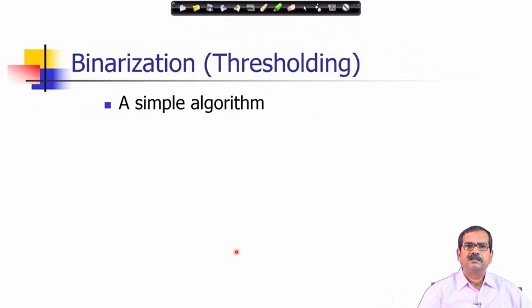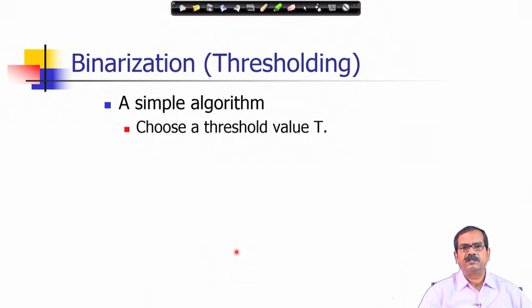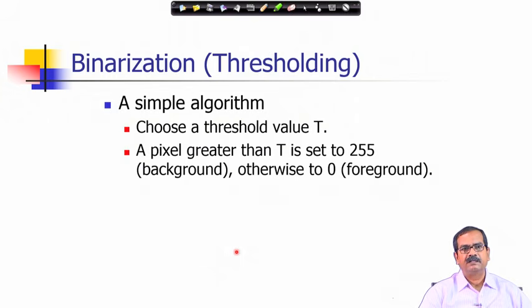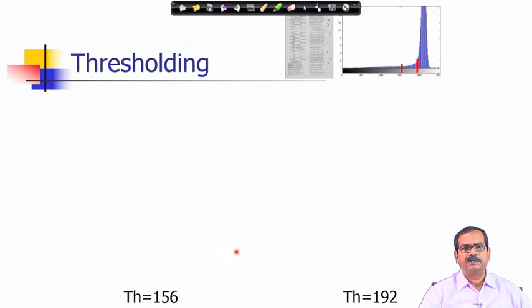One of the simple algorithms of this binarization could be as follows. You can choose a threshold value t, which is some value in the brightness interval, and a pixel greater than t is set to 255, otherwise it is set to 0. This is a very simple algorithm, and let us see the effect of this algorithm. Consider this document, which is displaying the particular histogram.